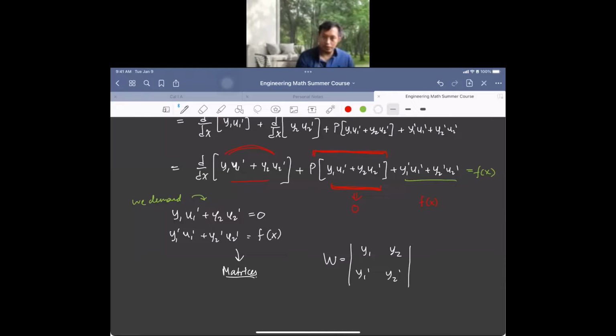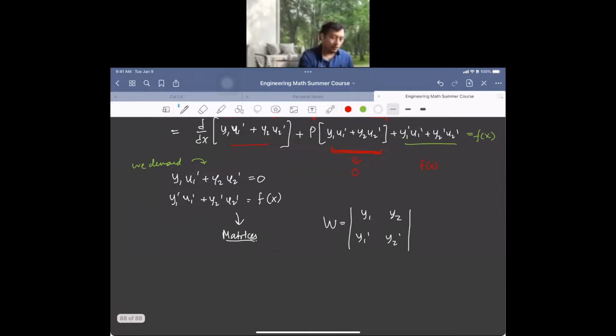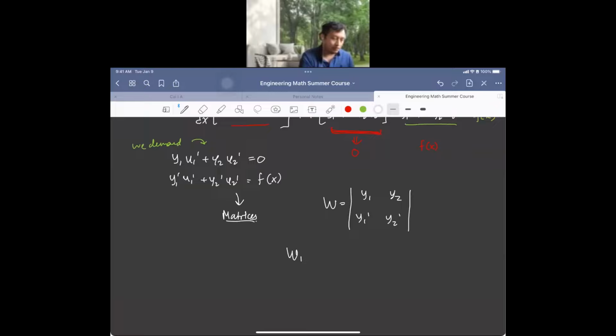Now if you remember Cramer's rule, we will get to the matrix later on if we have time. We will have solutions. So let's say we are using Cramer's rule. Cramer's rule says that we are going to substitute the first column with 0 and f of x, the right side, and keep the rest the same.